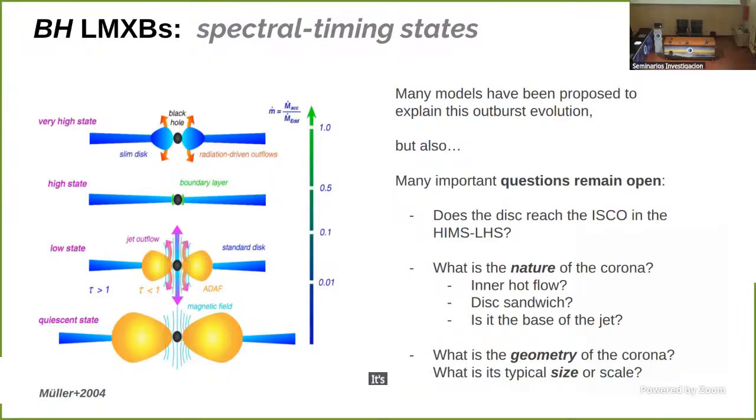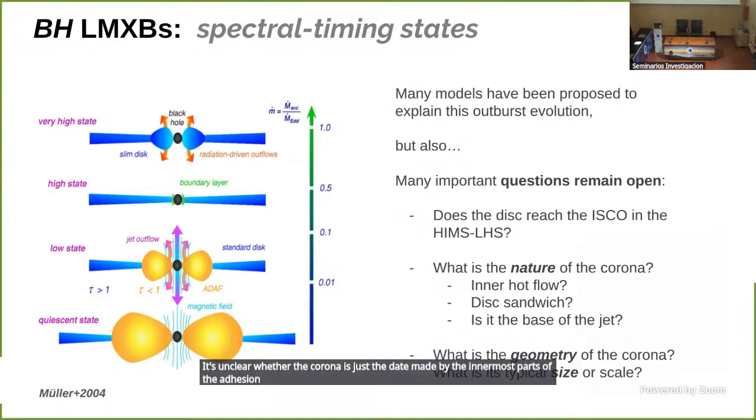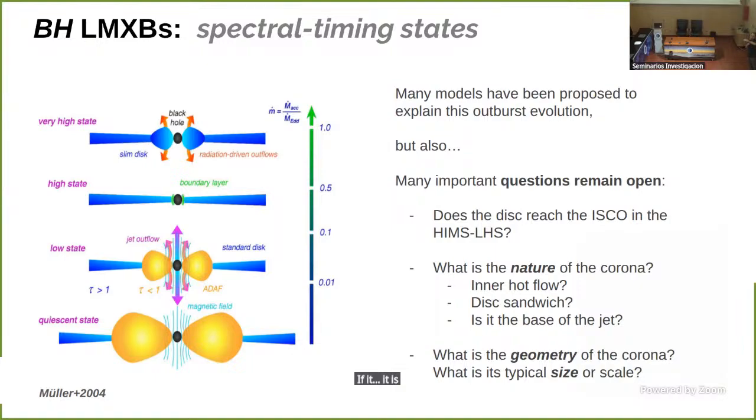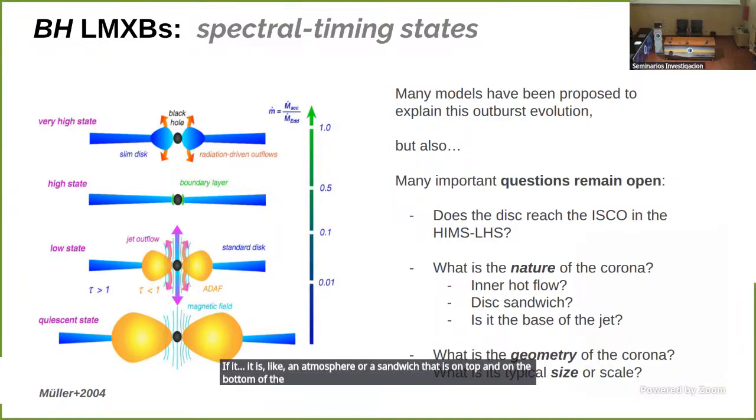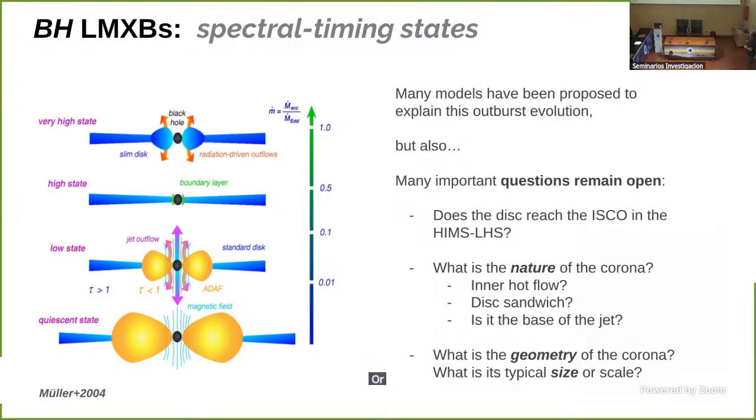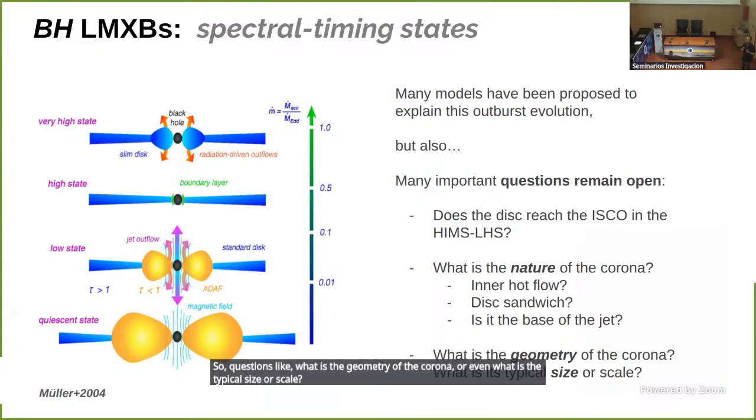It's unclear whether the corona is just made by the innermost parts of the accretion disk, what is called the inner hot flow, or if it is like an atmosphere or a sandwich on top and on the bottom of the accretion disk, or even if it is the base of the relativistic jet that we also see in radio. So questions like what is the geometry of the corona, or even what is the typical size or scale, remain unanswered.